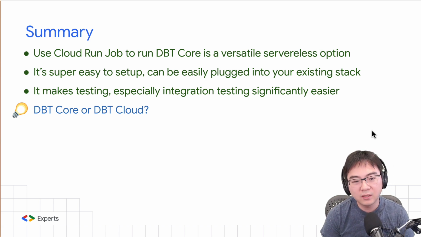Then these options can be very powerful to run in dbt Core, especially if you have a relatively complex orchestration workload that relies on some dbt jobs to run first and finish the transformation, and then you can trigger the downstream.